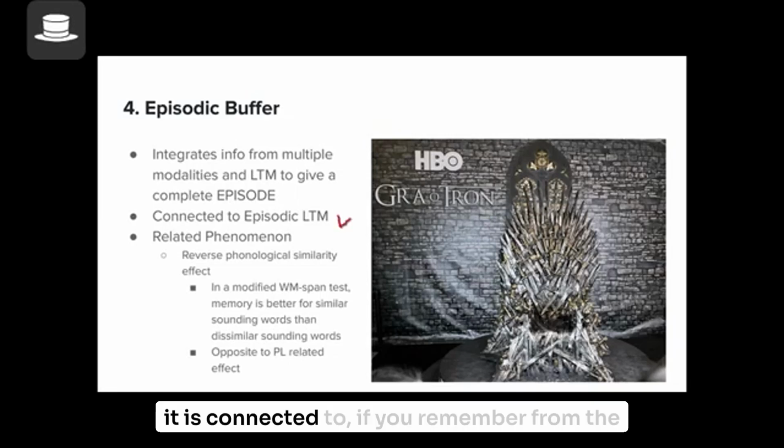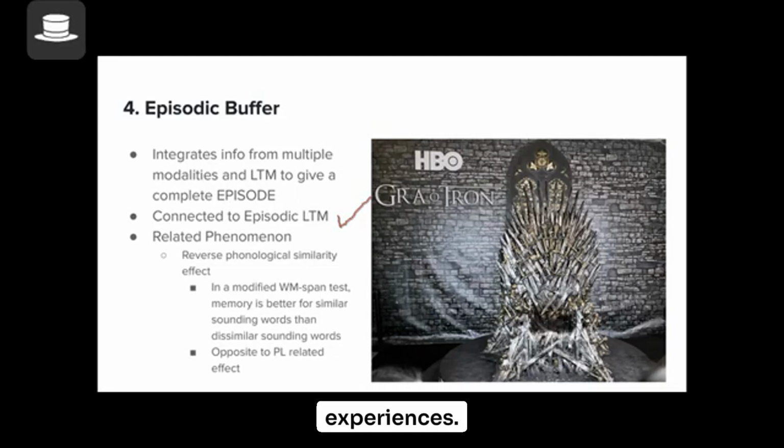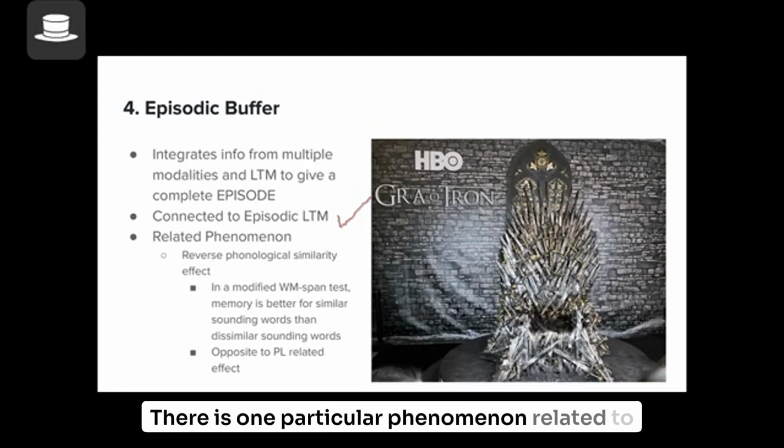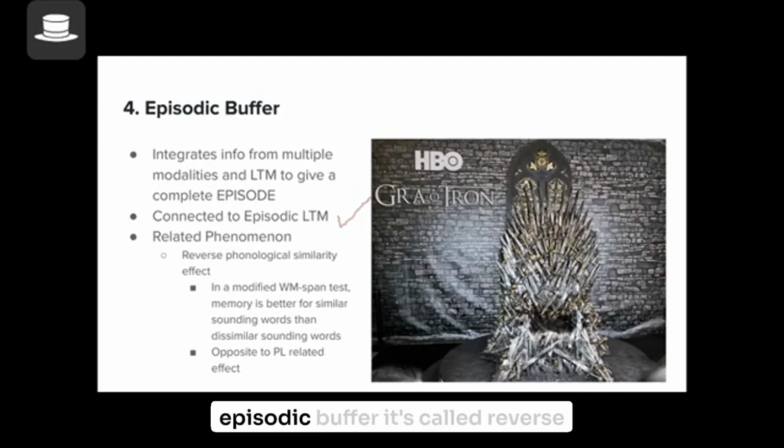It's connected to, if you remember from the bigger picture video, your long-term episodic memory, which stores your personal experiences. There is one particular phenomenon related to episodic buffer. It's called reverse phonological similarity effect. Remember, reverse phonological similarity effect is because of the episodic buffer.